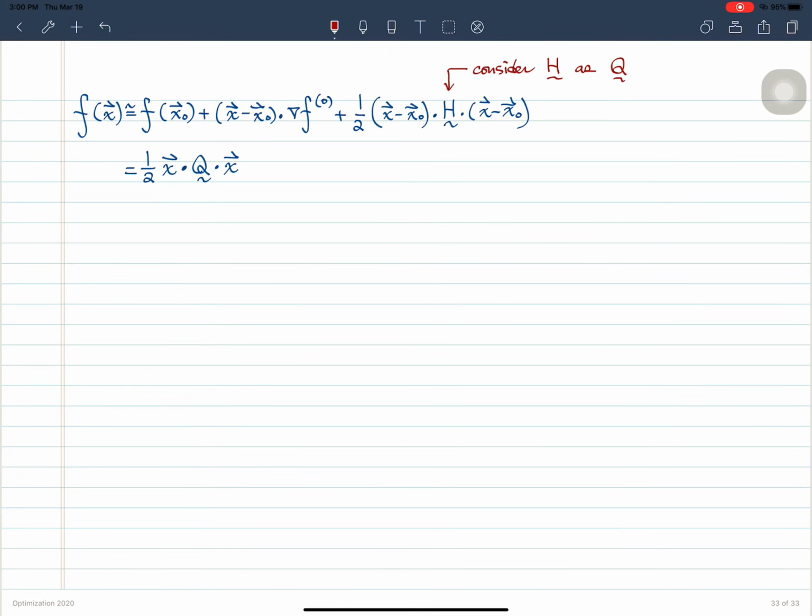Okay? So we could have this, and we will have a lot of first order terms. So a lot of them. Let me write down which are the first order terms.